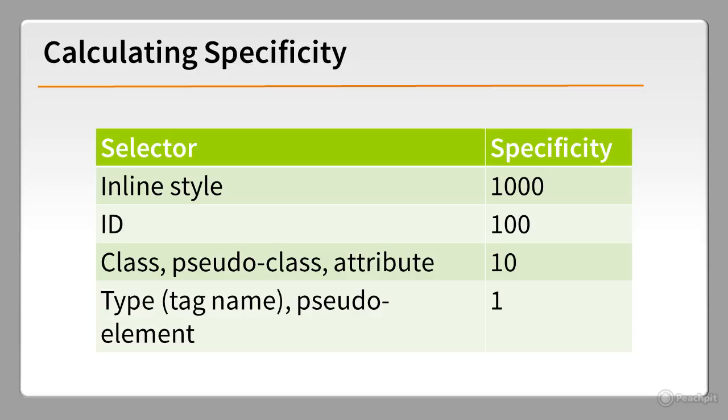Classes, pseudoclasses and attribute selectors each have a value of 10, and type or tag name selectors and pseudo-elements come at the bottom of the heap with a value of just 1 each. So this table represents selectors in descending order of specificity or precedence. Inline styles have the highest precedence, IDs come next, and so on.